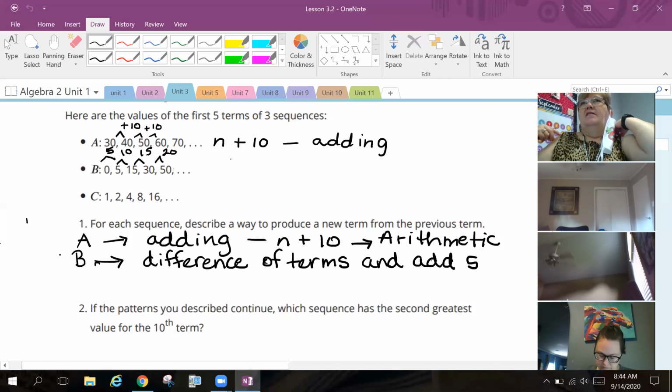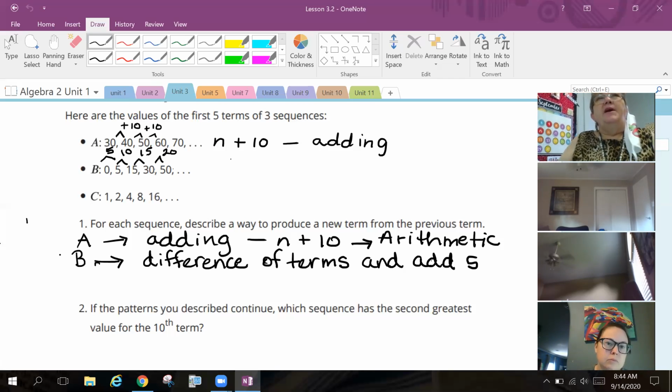Yes, Kaden. Okay, so letter B was a little different than the other two because it doesn't follow a consistent pattern of being able to write it out as the same thing every time.